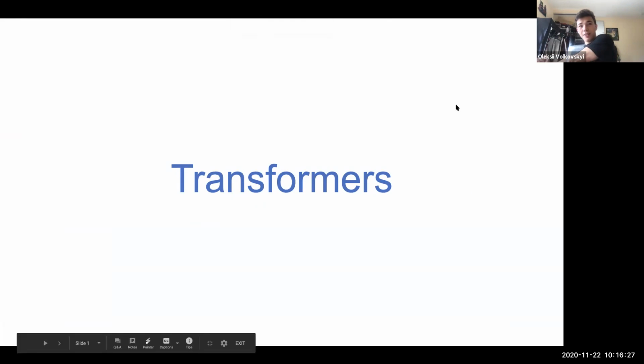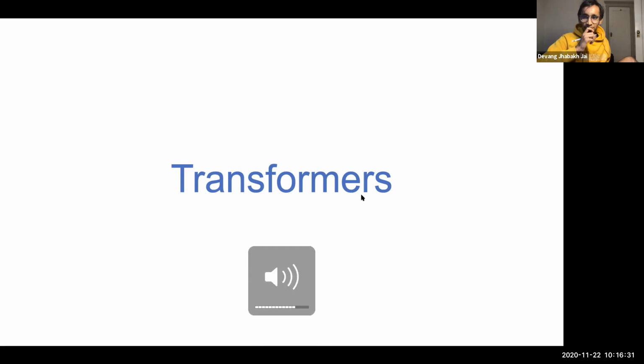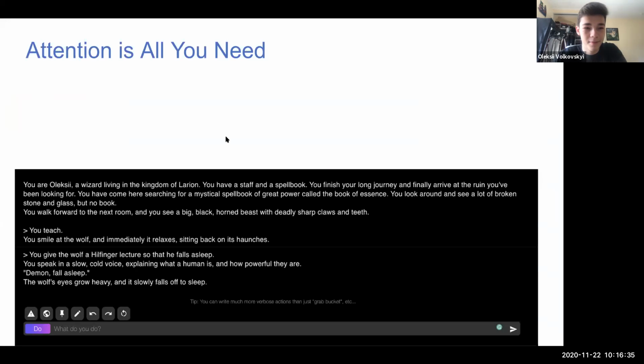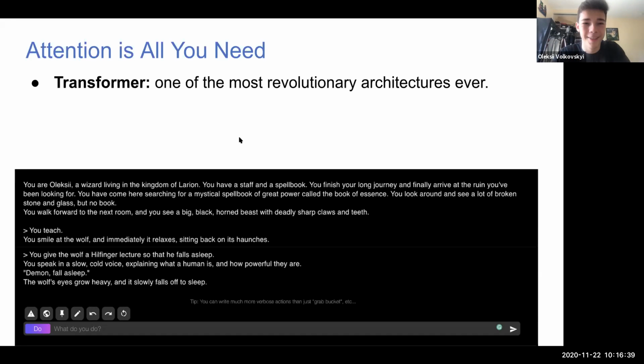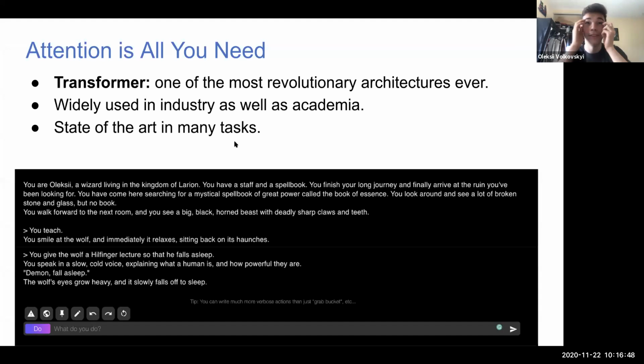Okay. Transformers. All right. So, yeah, I mean, Transformers are one of the most revolutionary architectures for NLP ever. It's widely used in academia and industry, and they achieved the state of the art for many tasks.